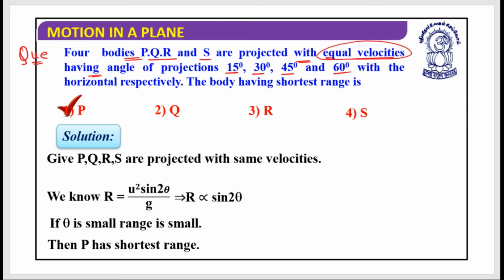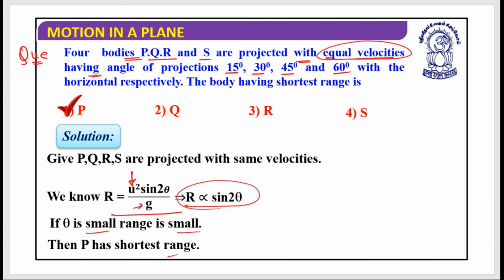So what you need to consider is that we know that range is equal to u square sine 2 theta by g. Each one is having the same velocity, that means u is same, g would be the same, so the range only depends on sine 2 theta. So if theta is small, range is small, so P must be having the shortest range. I hope these things are clear.